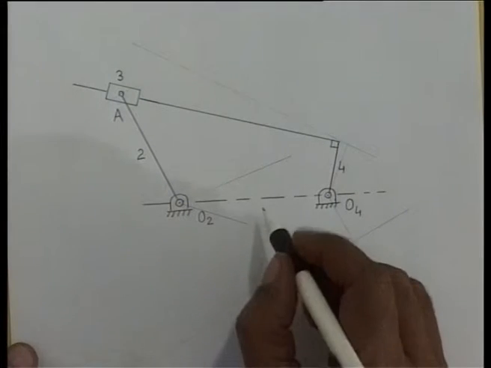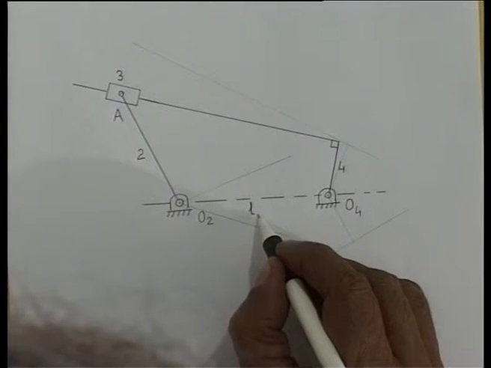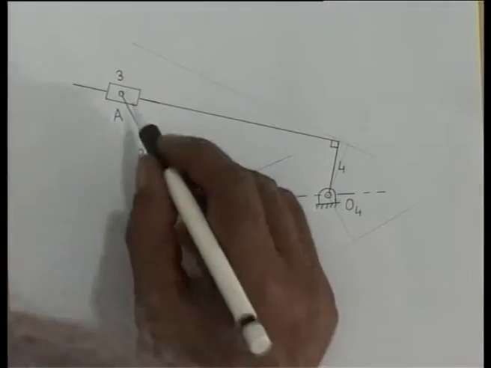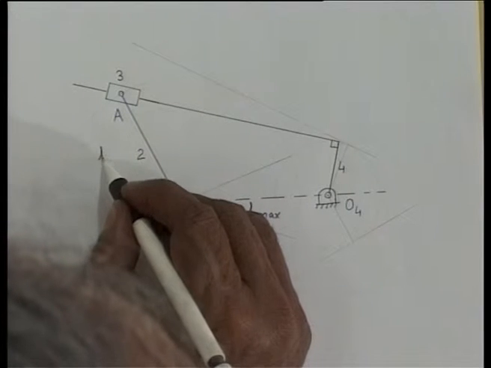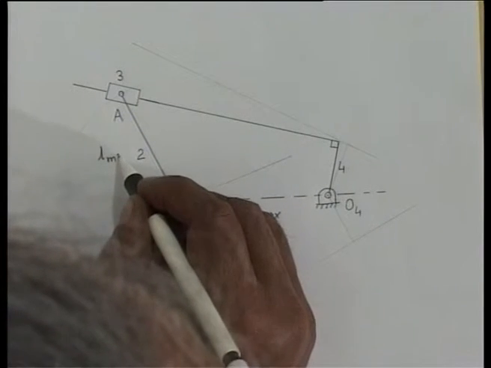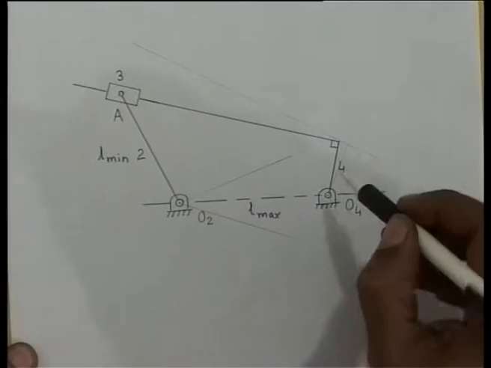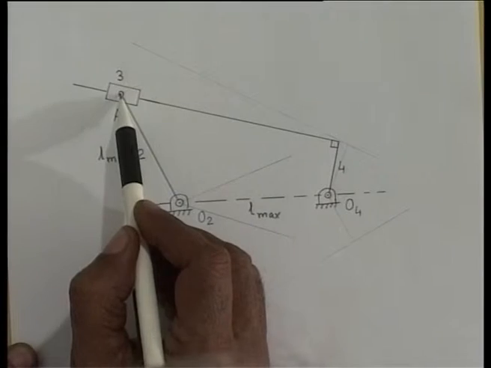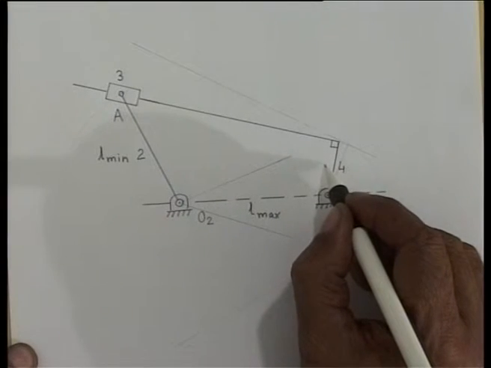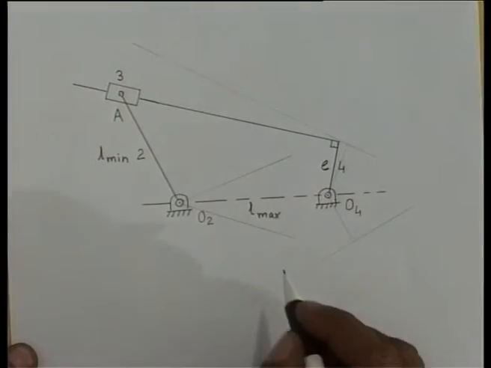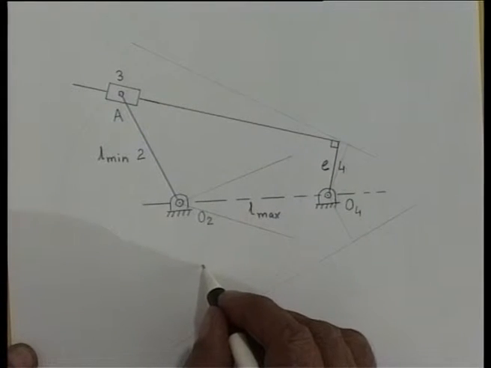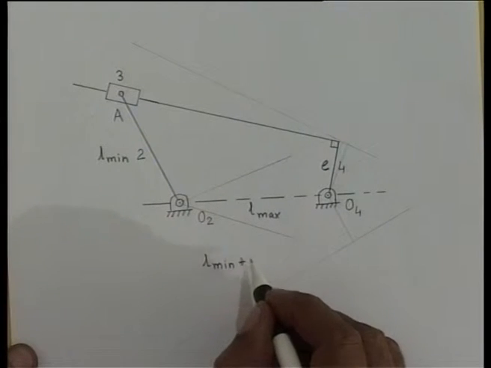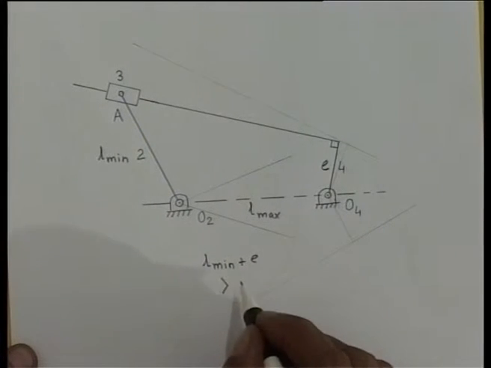This O2, O4, that is what we call L max, O2A, that is what we call L min, and the perpendicular distance of O4 from the direction of sliding passing through A is what we call the offset E. By measurement, we can find that L min plus E is more than L max.